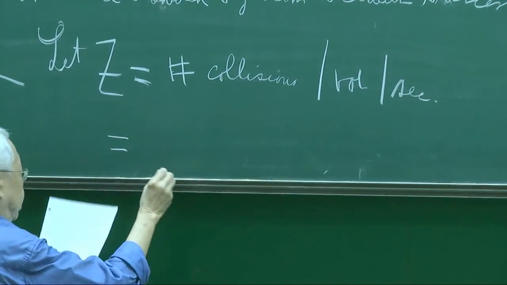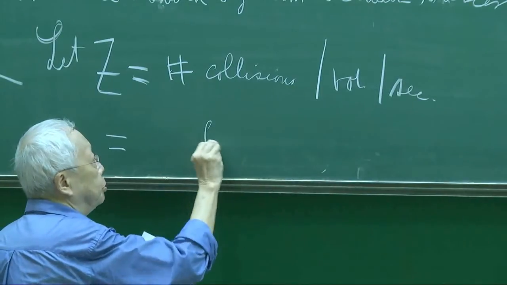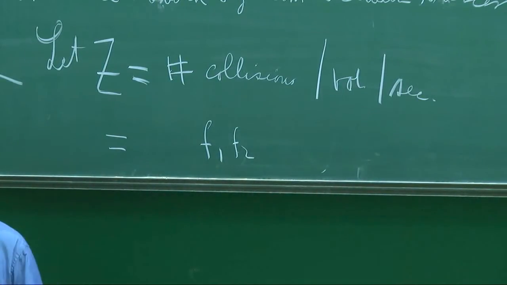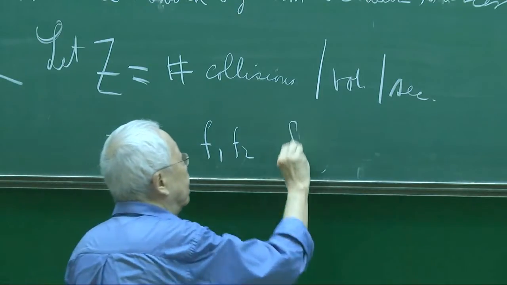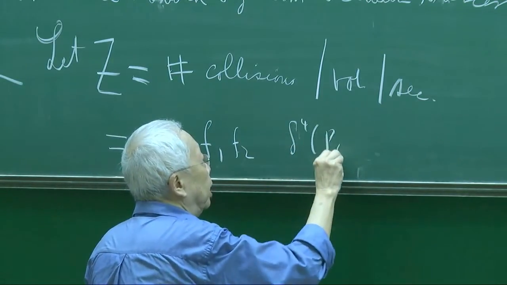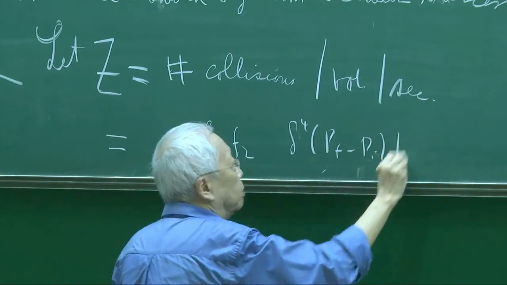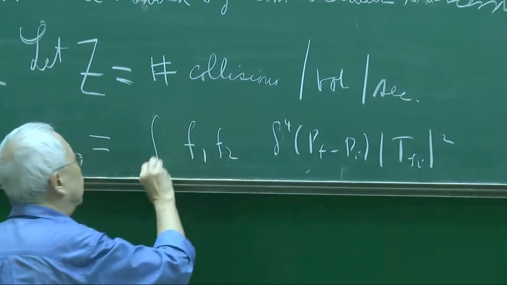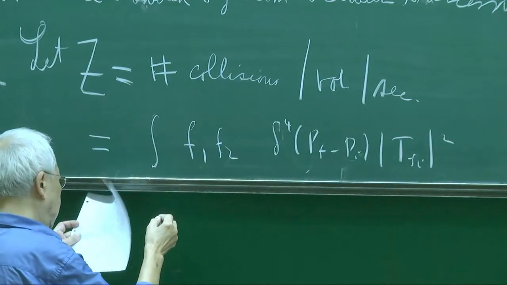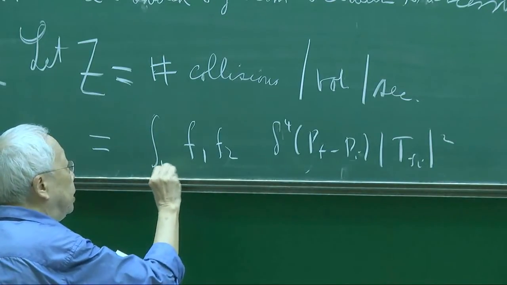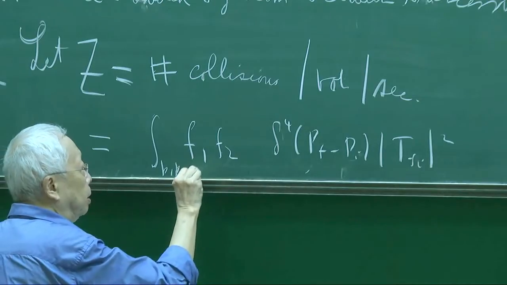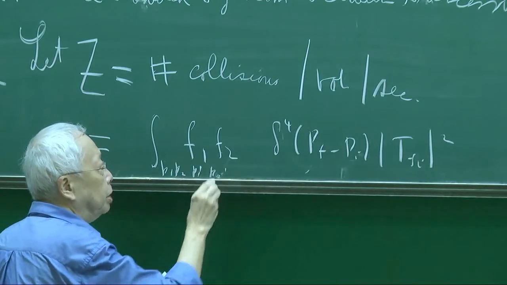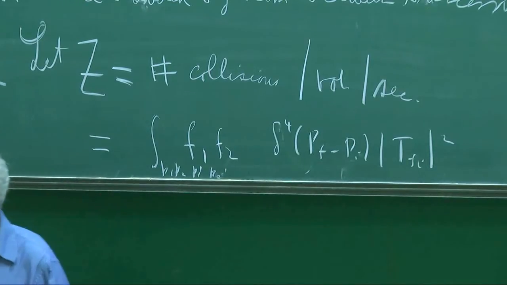It is equal to, first you have to find two particles, so it's f1 and f2. This is the probability of finding two particles, f1 and f2. And they collide. And when they collide, you have the delta function, p_f minus p_i, times t_fi squared, and you integrate over not only p1, p2, but p1 prime, p2 prime, because this leads to the final state, and you integrate over everything, and that gives the number of collisions.